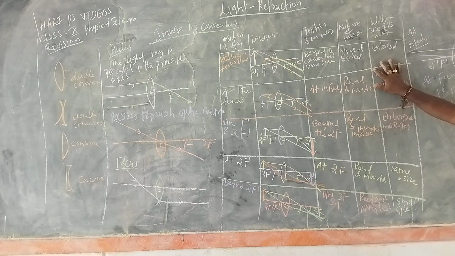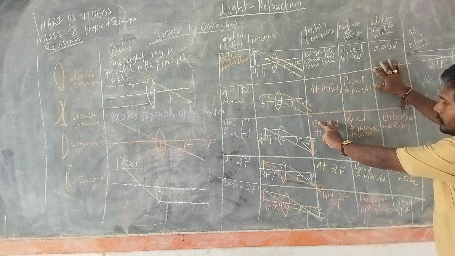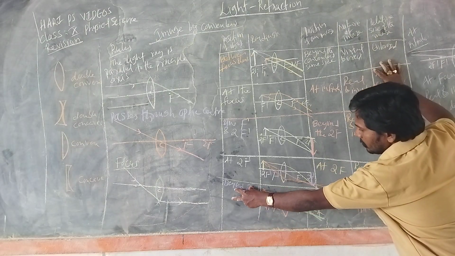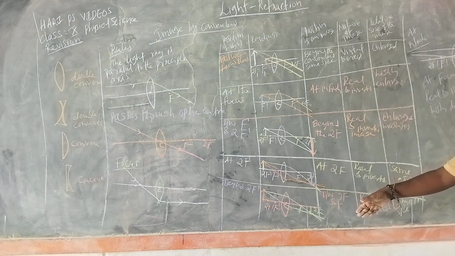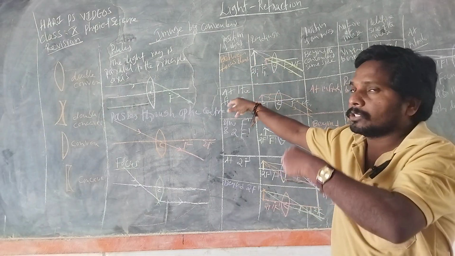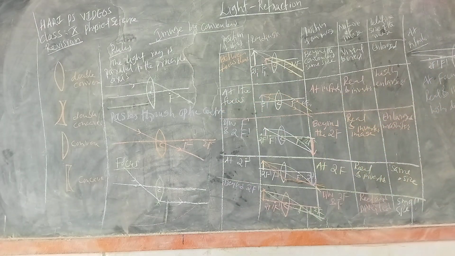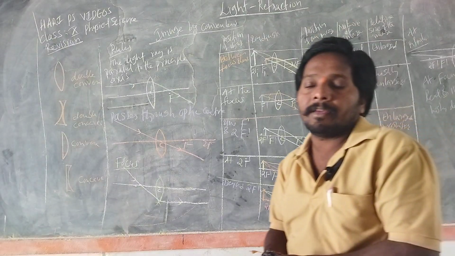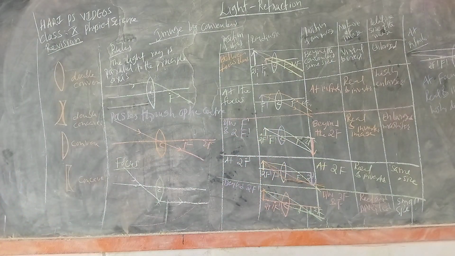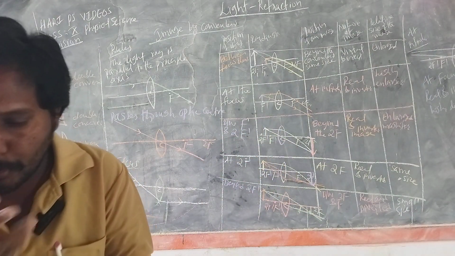They may give the position of the image, the relative size of the image, the nature of the image, or the position of the object, in whatever way. When you have this tabular form in your mind, answering the question is very easy. Right?